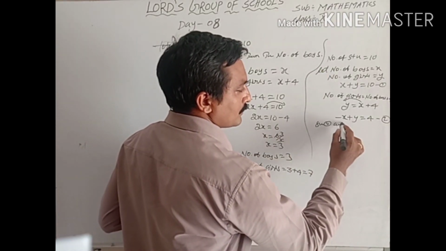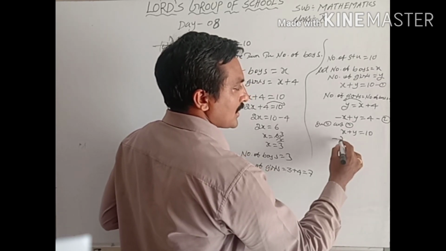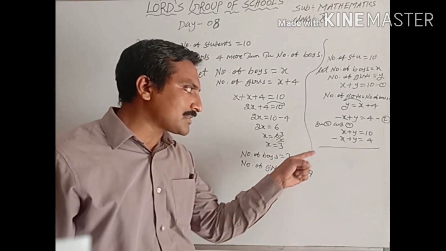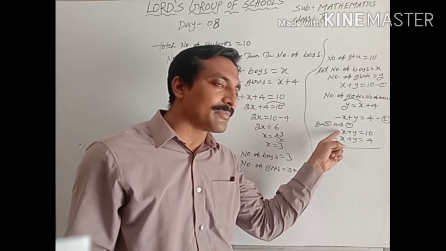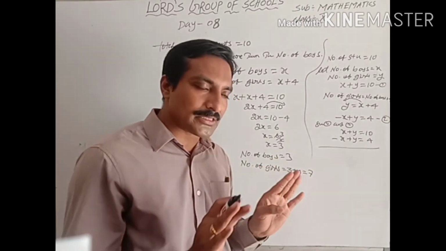Now I have to solve the equations. Solve 1 and 2: x plus y is equal to 10, and minus x plus y is equal to 4. Here the coefficients are the same with different signs. In this case, no need for multiplication or sign changing.